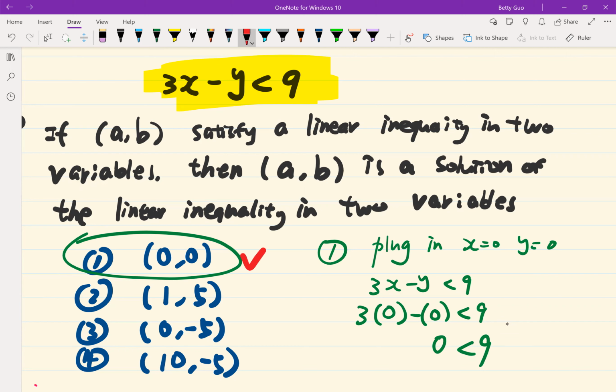Okay, can you determine the second? Can you try the second, (1, 5), and let me know what you have. This time you're going to plug in x equals 1, y equals 5. Do you have a true statement or contradiction?